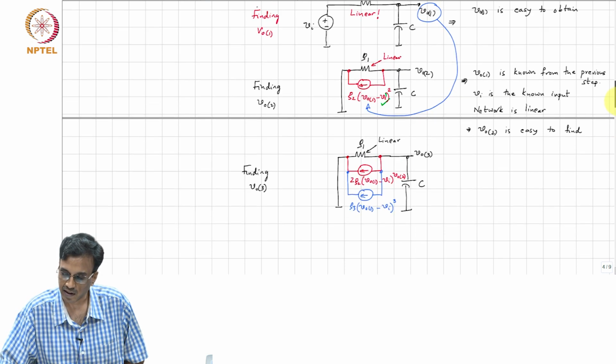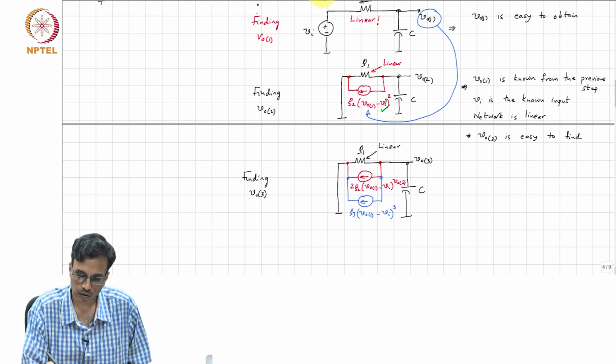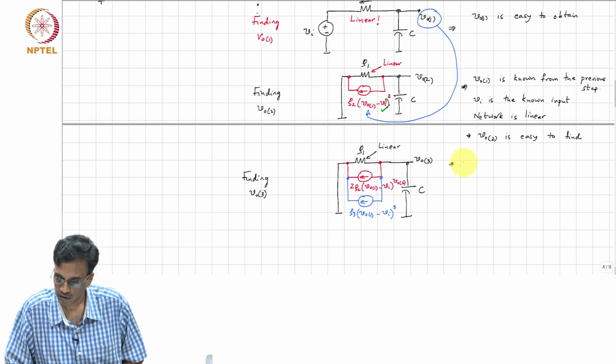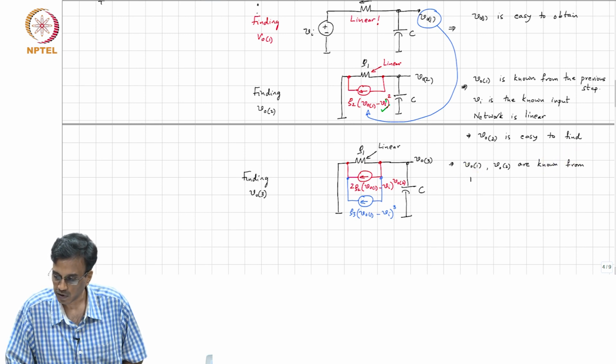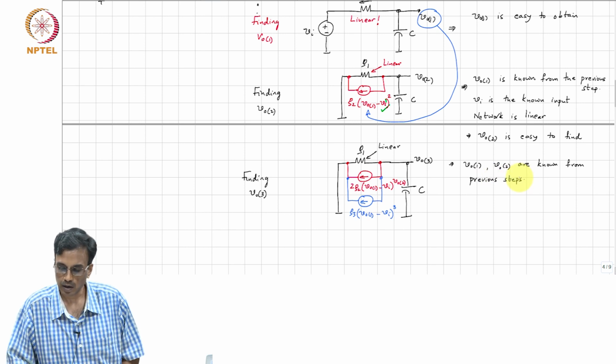And if you solve this linear network, VO1 and VO2 are known from previous steps, right.